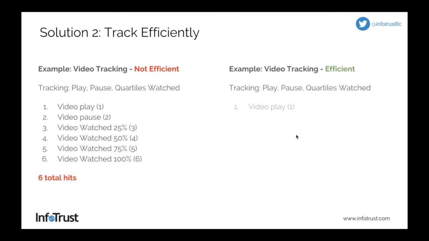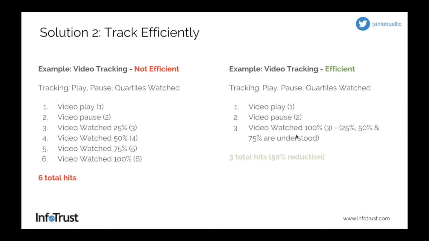Our solution would be to put together an efficient model. We're actually reducing the amount of hits that are being sent. In this case, we might still track the same exact things, play, pause, and quartiles watched, but we're only sending the last quartile that was seen. So we're not sending 25%, 50%, and 75%. We're only sending 100% because this person hit 100%. They watched the entire video.